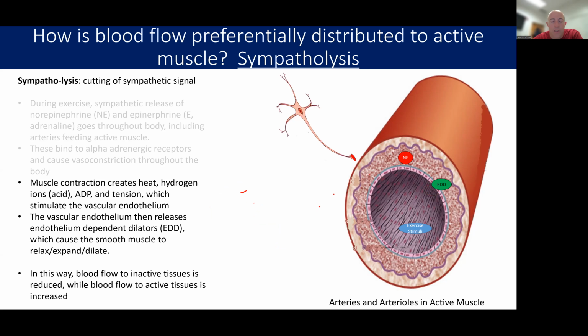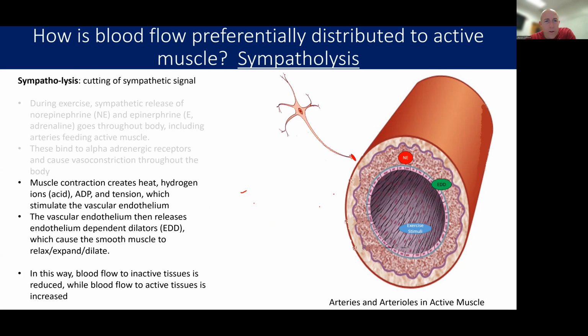So this balance between the norepinephrine and the endothelium-dependent dilators, a lot of it comes down to calcium. So your smooth muscle contraction, similar in many ways to your skeletal muscle contraction, comes down to calcium. Calcium is a signal for contraction in both of those.